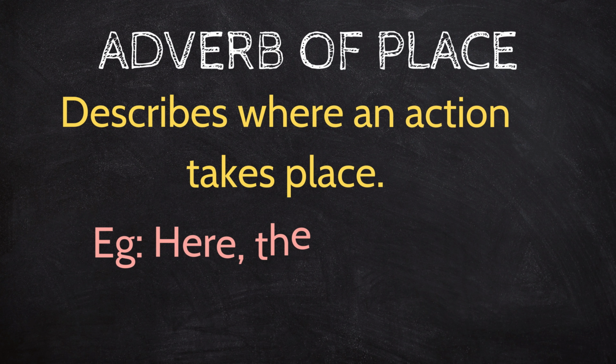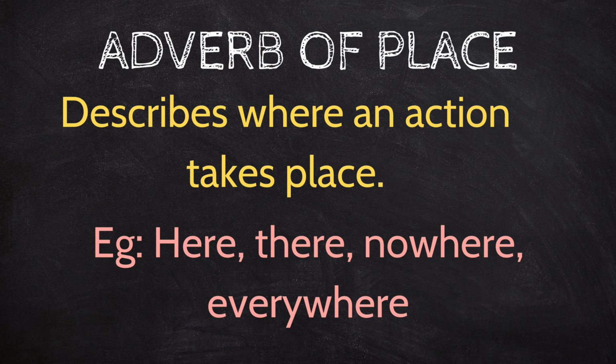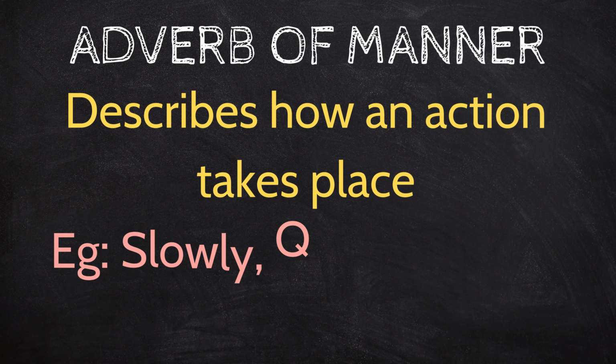What are adverbs of place? They describe where an action takes place. For example, here, there, nowhere, everywhere. Adverbs of time state when an action is done, and adverbs of place state where an action is done. Okay.